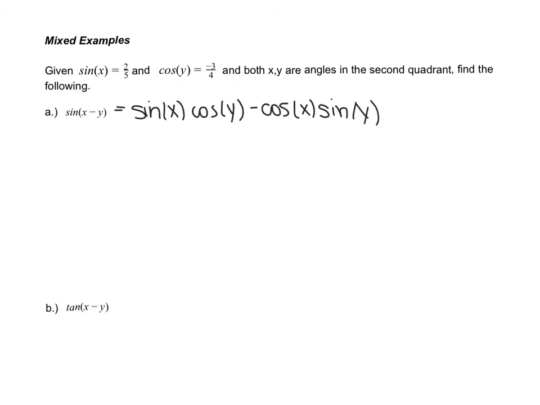So we need sine of x, which we have, and cosine of y, which we have, but we also need cosine of x and sine of y, which we do not have. But we do have enough information to find them. So if I use my information of sine of x, if I have my right triangle and my angle x, sine is 2/5, which means my opposite side is 2 and my hypotenuse is 5.